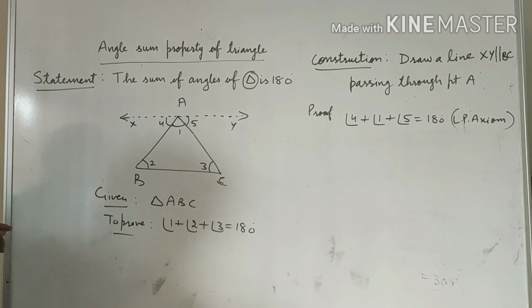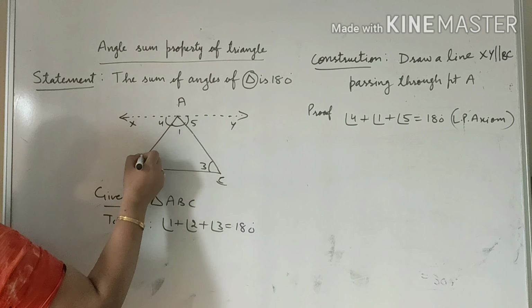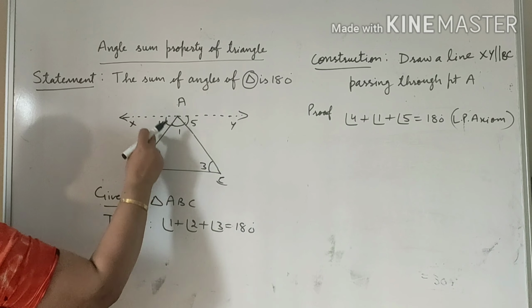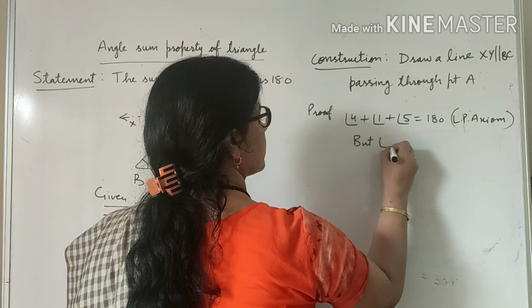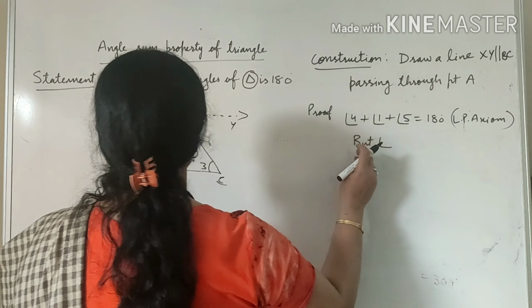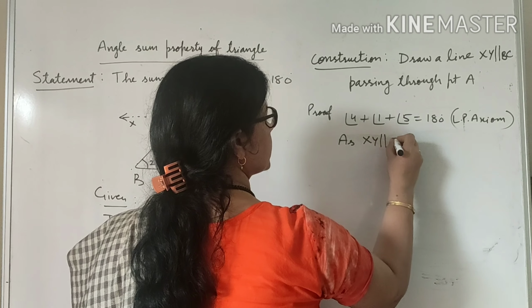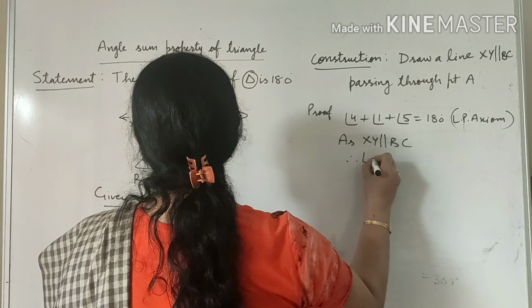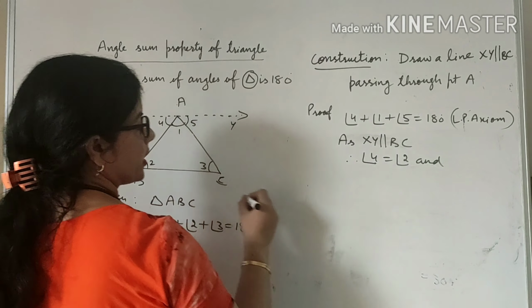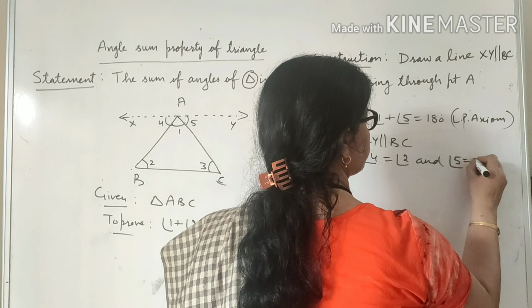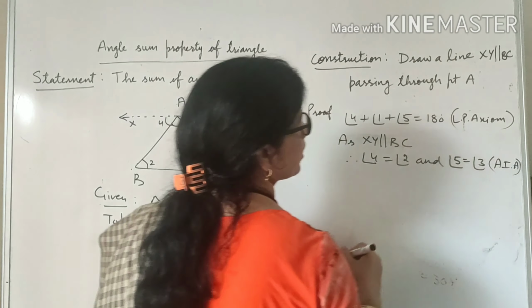You know this thing. Now see, as these lines are parallel and this is the transversal, angle 4 will be equal to angle 2. As XY is parallel to BC, angle 4 is equal to angle 2 and angle 5 is equal to angle 3. Reason: alternate interior angles.